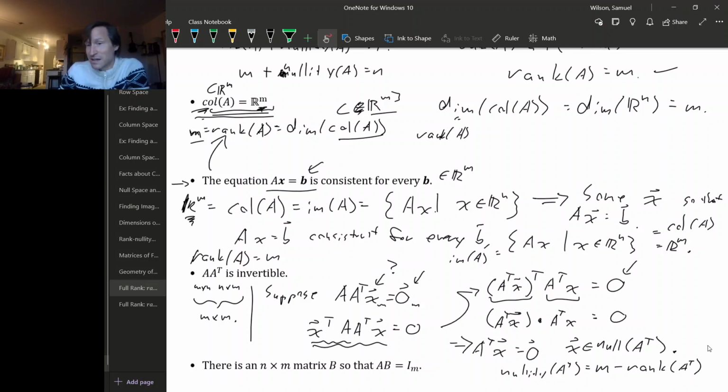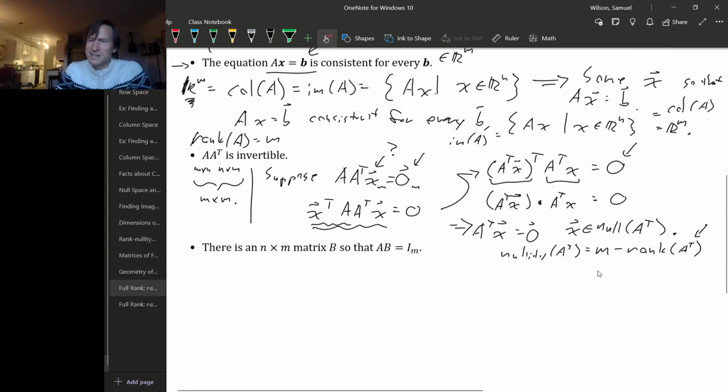That's the rank-nullity theorem applied to A transpose. But what's the rank of A transpose? The rank of A transpose is the rank of A. That's something we proved. But we assumed that the rank of A was m. So the nullity of A transpose is 0.